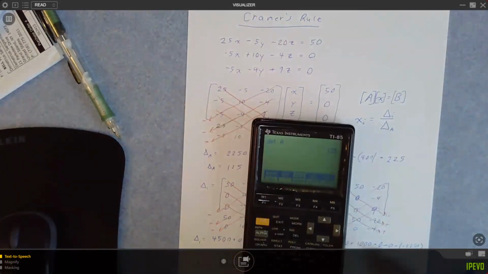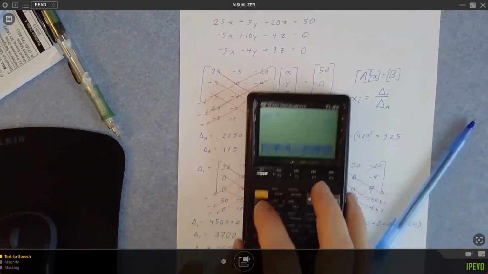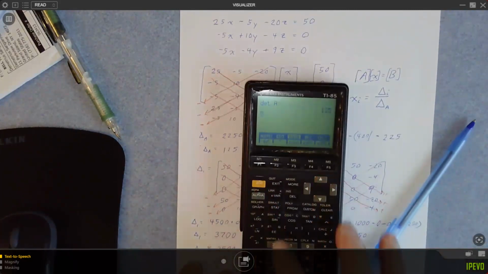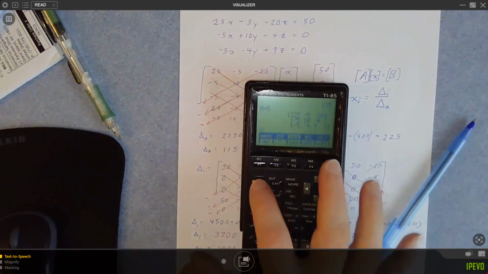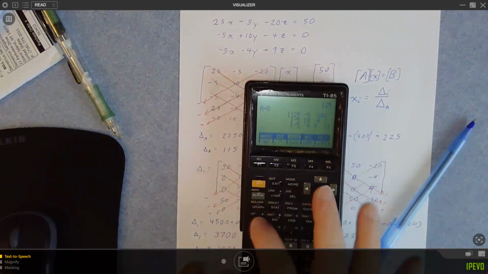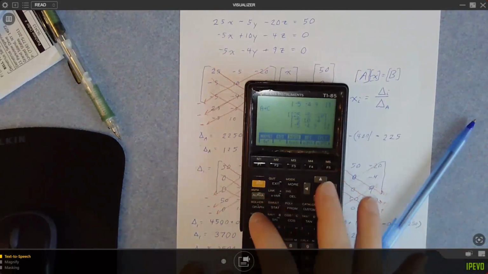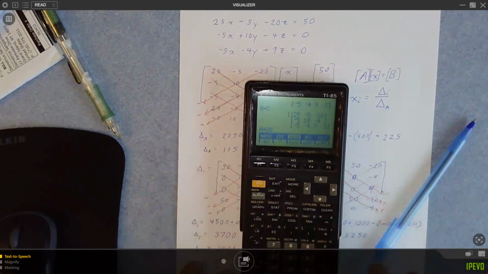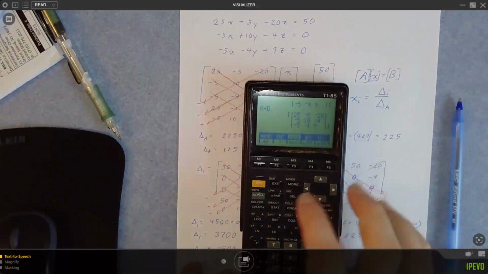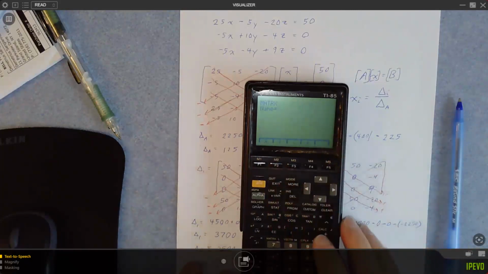And what I can do is I'm going to copy A into 3 other matrices. So I'm going to make matrices B, C, and D. And I'm going to go in and edit these matrices.